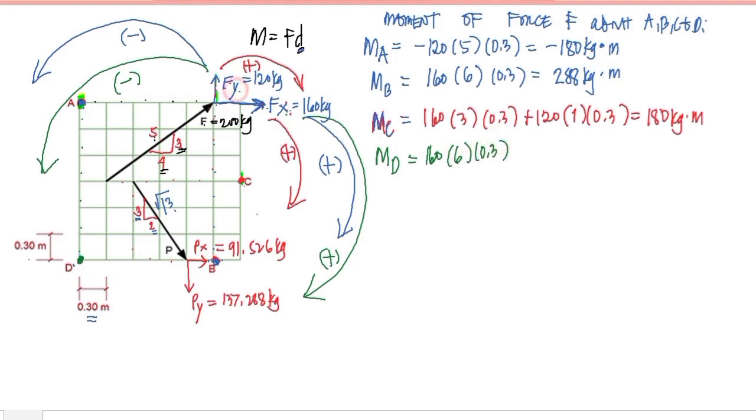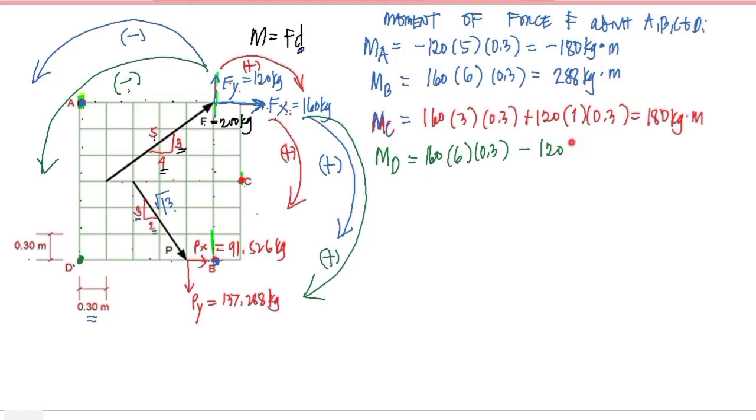Then for Fy, Fy will rotate counterclockwise, so that's negative 120. And the distance, since our Fy is vertical, and this is the line of action, so this is our horizontal distance from point D. And this is 1, 2, 3, 4, 5.